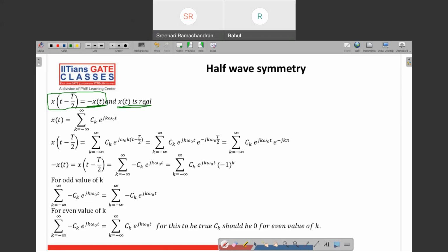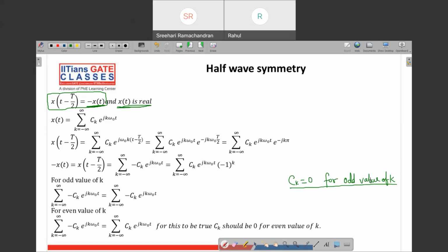It has an important property: for this kind of half-wave symmetric signal, ck will be equal to 0 for odd values of k. ck will be there only for even values of k.